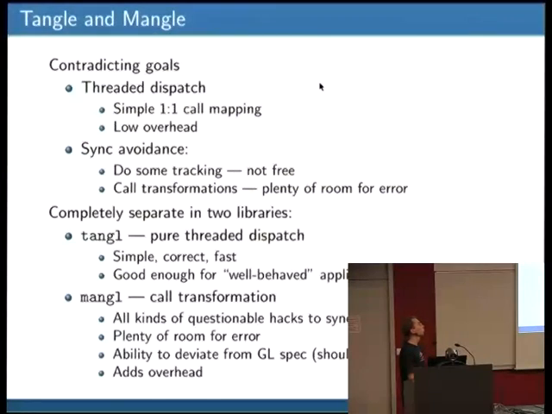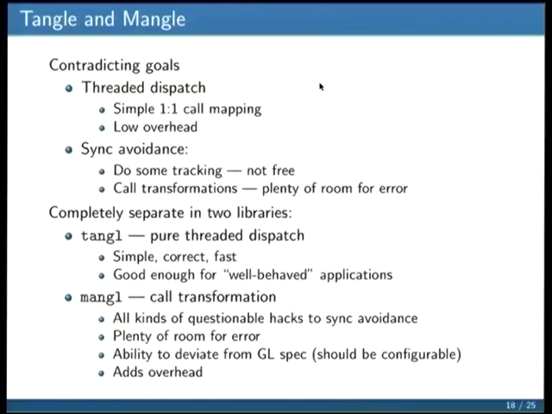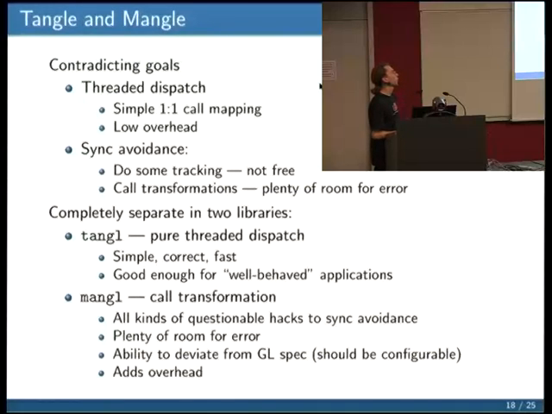So the approach I'm going to take is to separate it into two libraries. One library that will be called Tangle is the threaded dispatch library. Simple, correct, and fast, hopefully in that priority order, and should be good enough for applications that are tuned for threaded-like driver behavior.